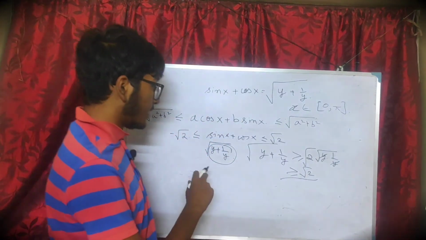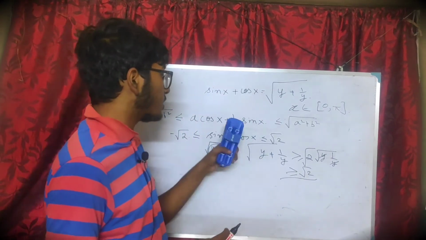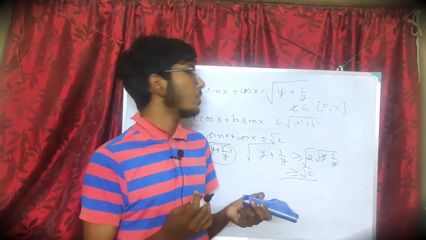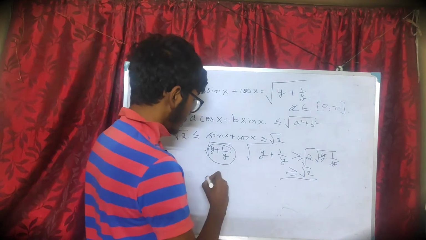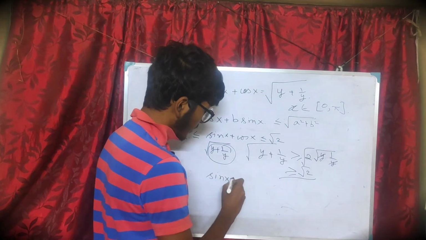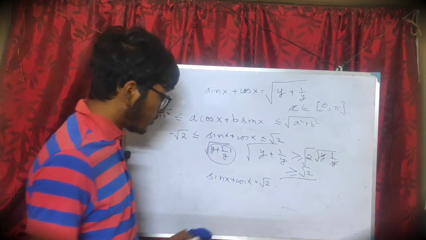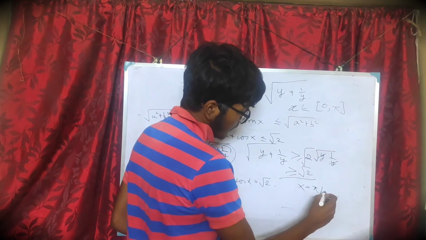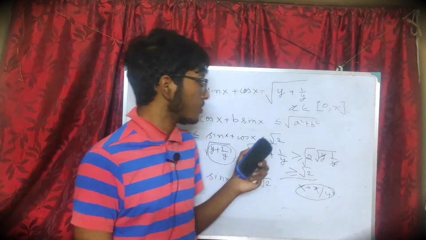If we take the intersection of these two, because LHS is always less than or equal to root 2 and RHS is always greater than or equal to root 2, the only value that is satisfying this is root 2. Sin x plus cos x is equal to root 2, and this happens essentially at x equals pi by 4. This is the potential solution to this problem.